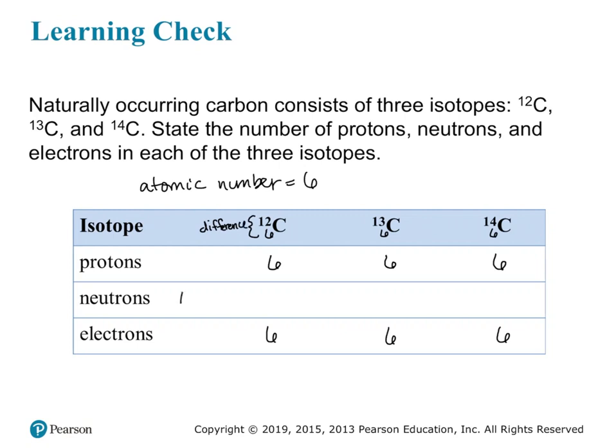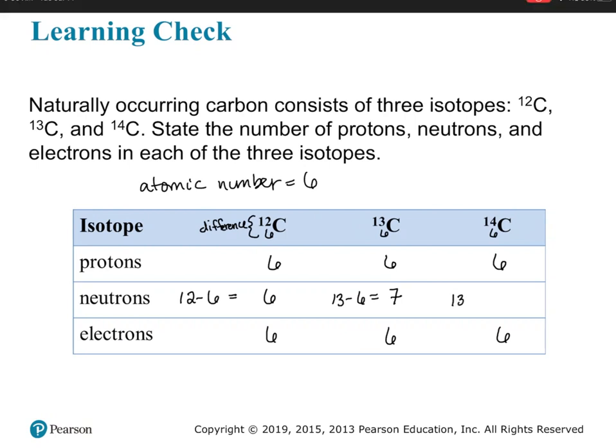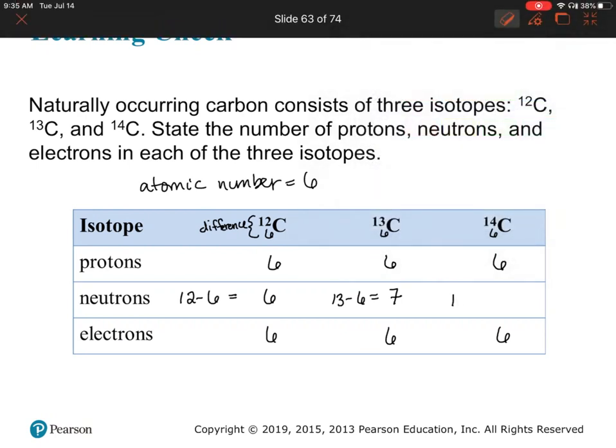All right, so 12 minus 6 for our first isotope gives us 6 neutrons. 13 minus 6 gives us 7 neutrons for the second isotope. And then 14, not 13. 14 minus 6 gives us 8 neutrons for the last isotope.